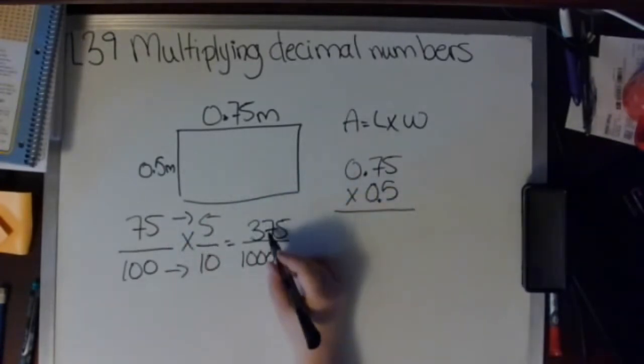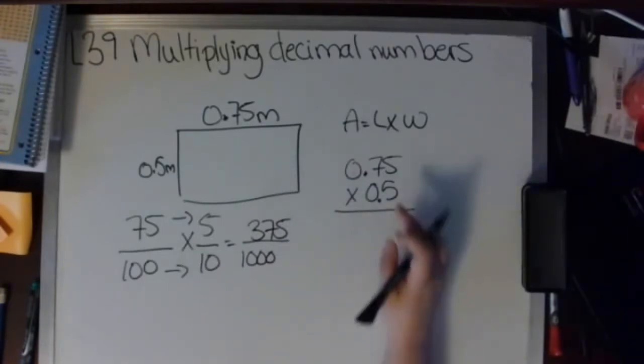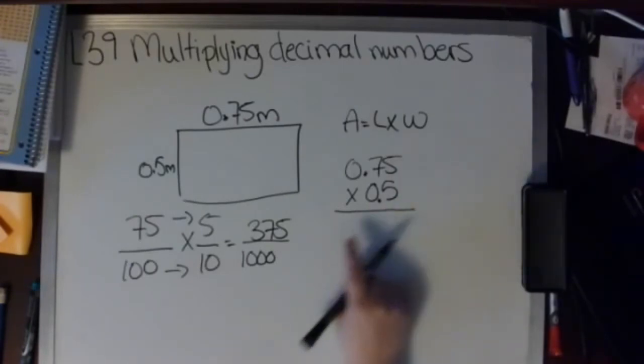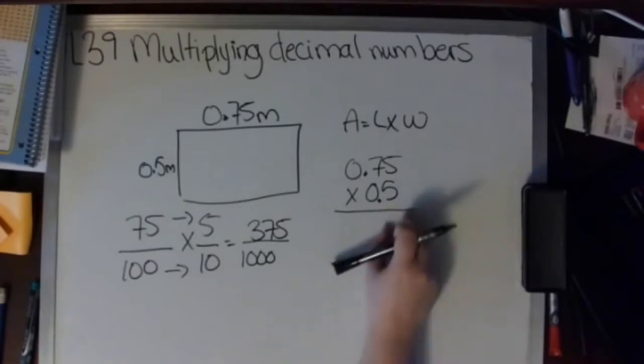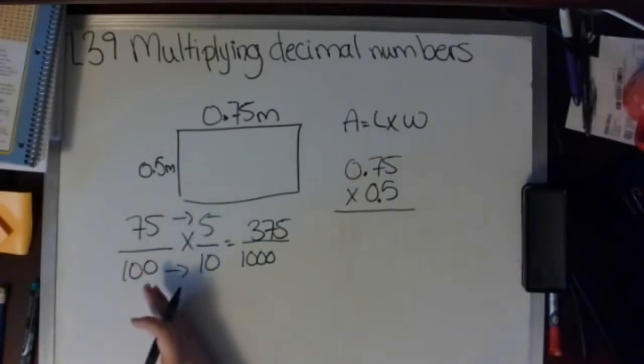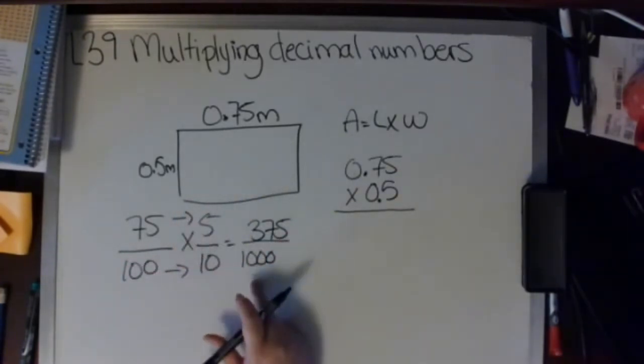So we have 375 thousandths. Now notice, if you look over here, there are no thousands, there are hundredths and tenths. I'll show you how that ends up looking over here, but I wanted you to understand why we do over here what we've done, because this is what's happened. You have done 75 hundredths times 5 tenths and made 375 thousandths.